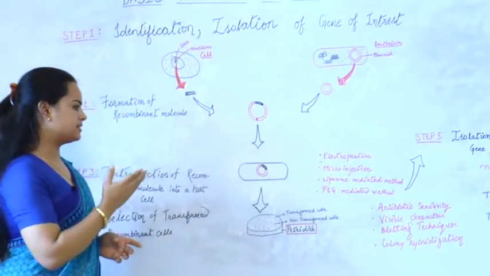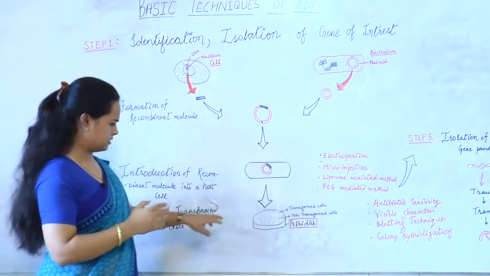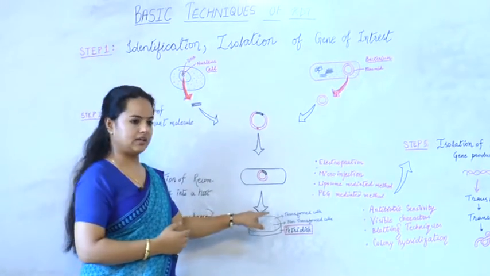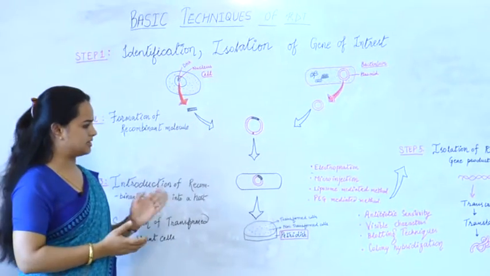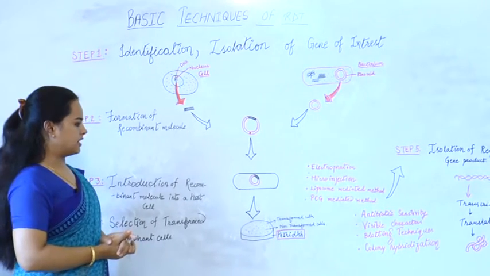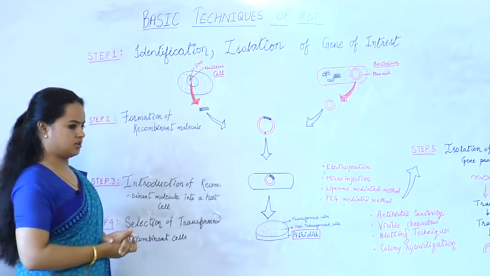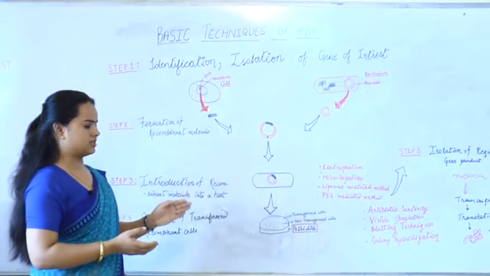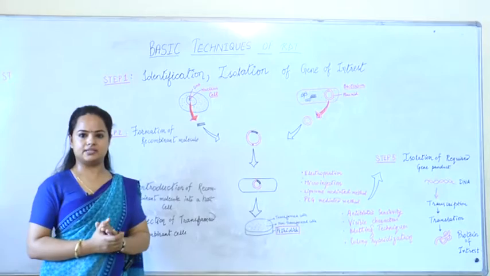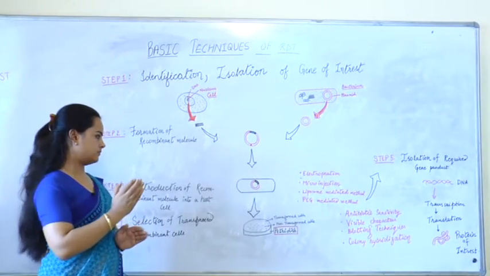Another is the visible characteristic, which is very clear from this diagram: those colonies which are red, we take only those colonies, the desired product. Another one is the blotting technique, and the last one is colony hybridization. All these methods are meant to identify whether our experiment is successful or not.